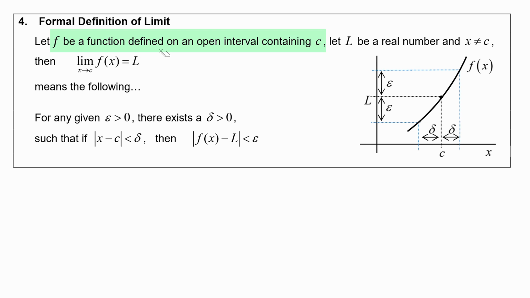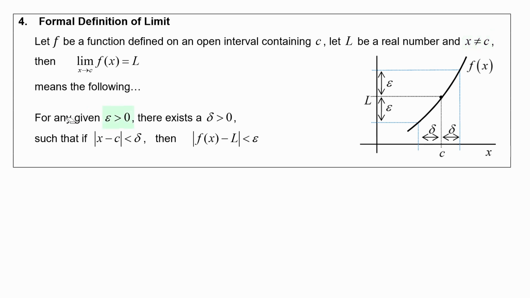Every x has a y value. Now L is a real number. We see that it's on the vertical axis here, so L is a y value. X does not equal c, so that means our x value is near c, but it doesn't equal c.